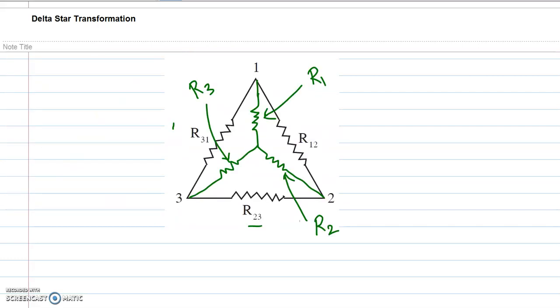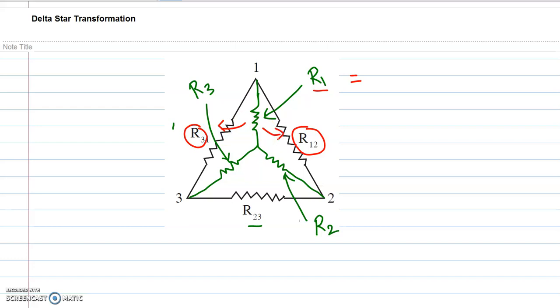It is very easy to remember the conversion by simply looking at the logic. I need to find the value of resistance R1. To do this, I should multiply the resistances on either side of R1. Either side of R1 means R12 and R31, this one over here and this one over here.